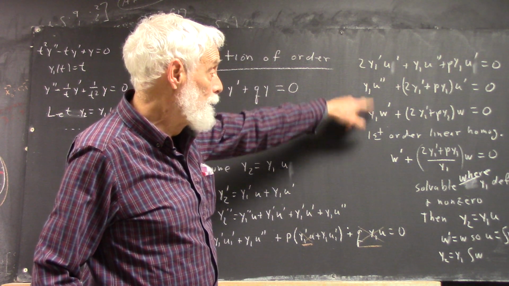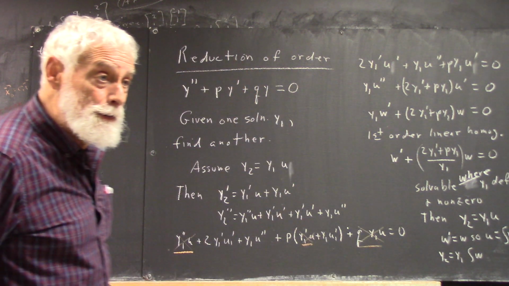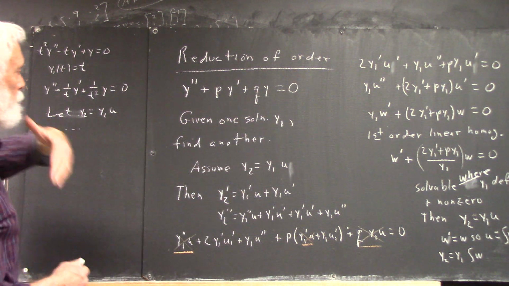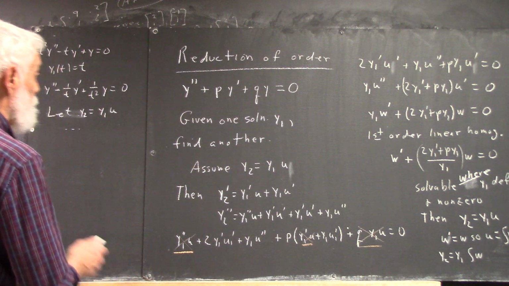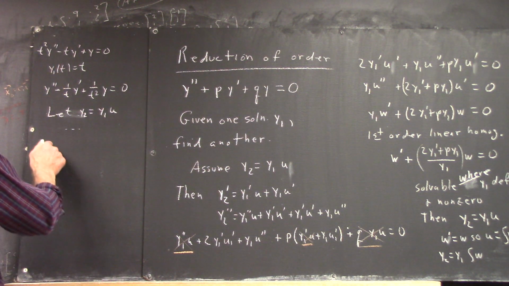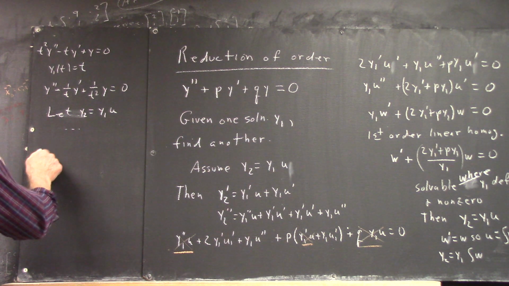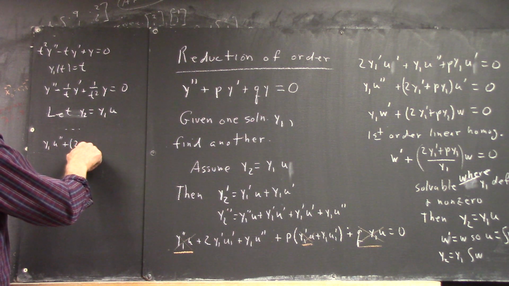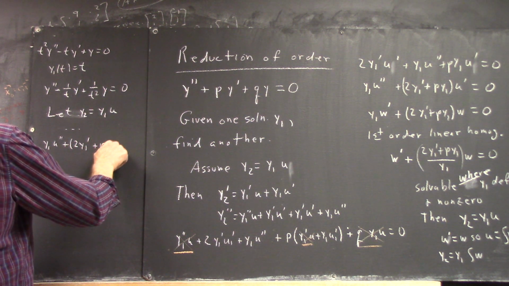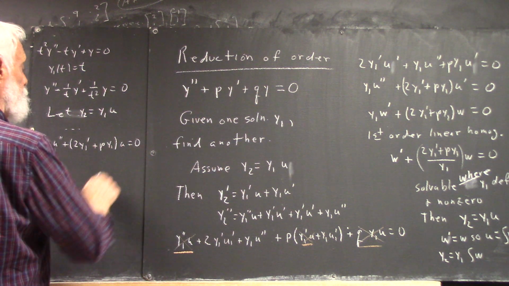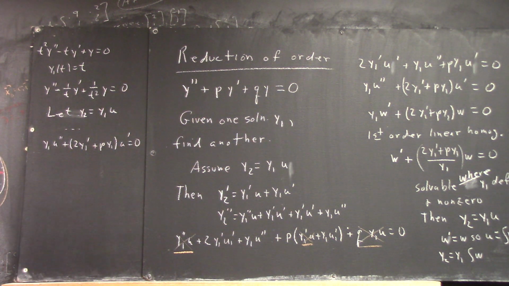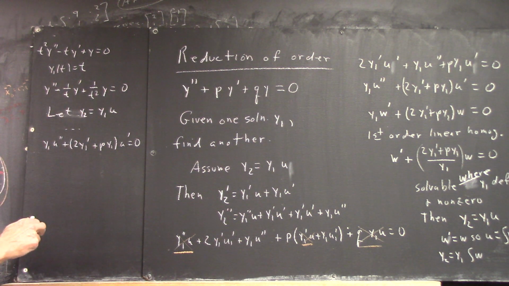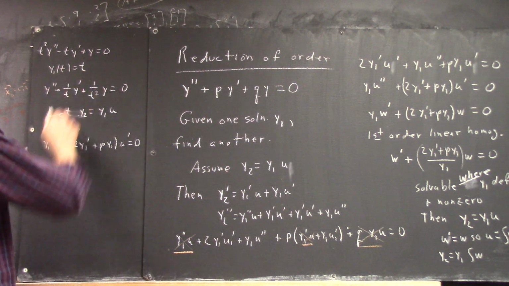Then we skip a bunch of steps because we know from this that we're going to end up down here. But I wouldn't memorize this. I wouldn't memorize that. You know, work through the steps. But for the sake of time, I know you can work through those steps. You're going to end up with y1 u double prime plus 2y1 prime plus p y1 u prime equals 0, where p is your negative 1 over t, y1 is t.